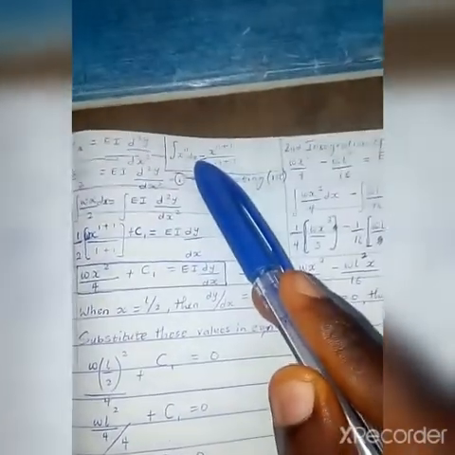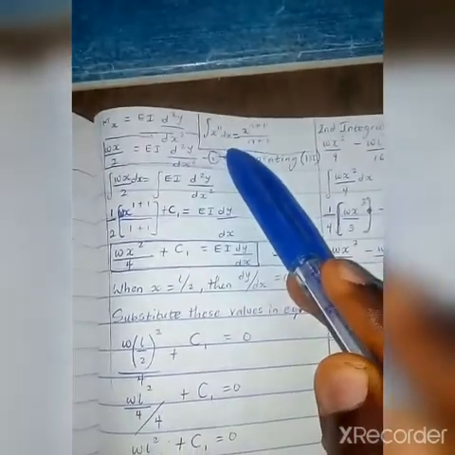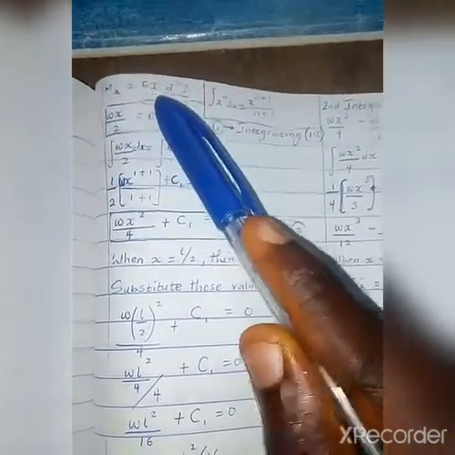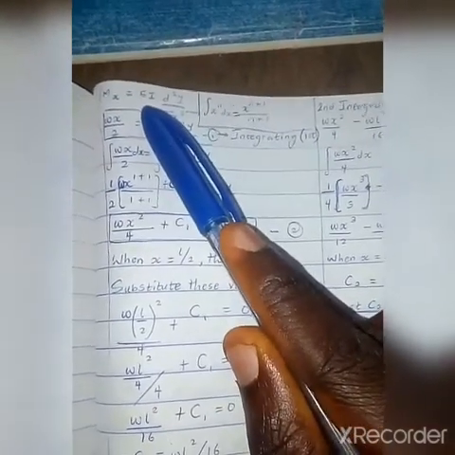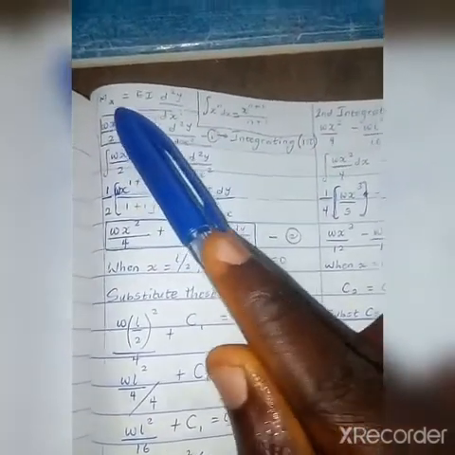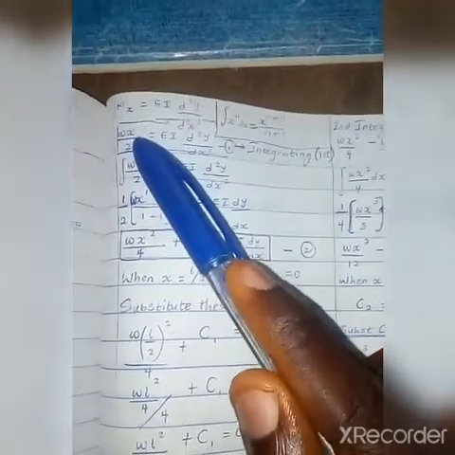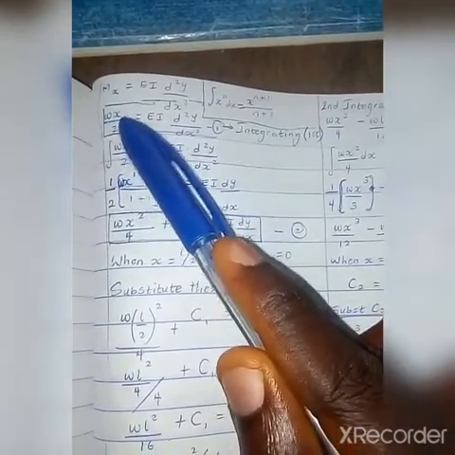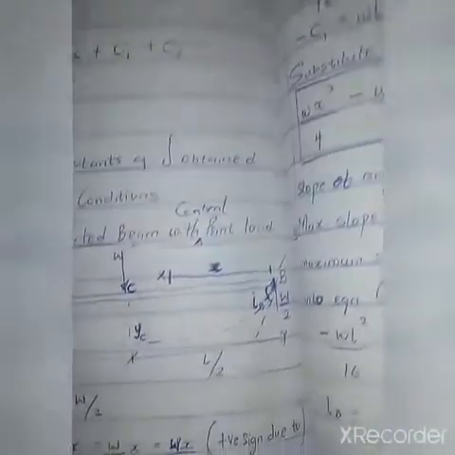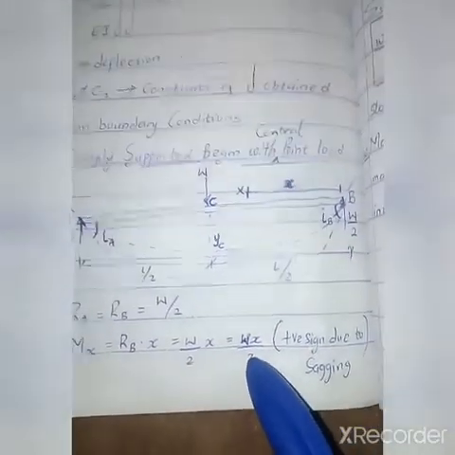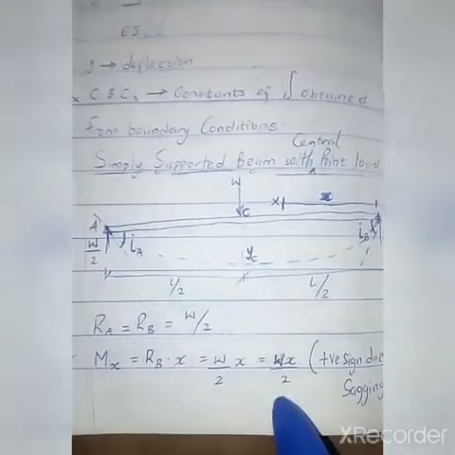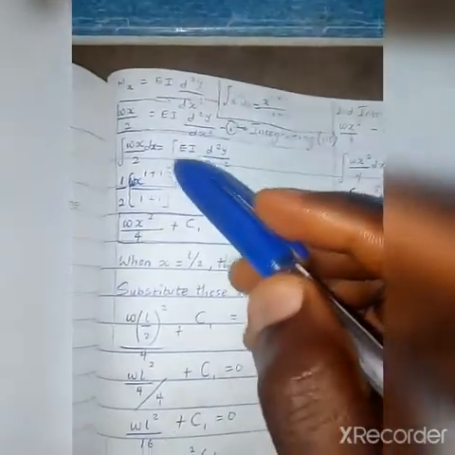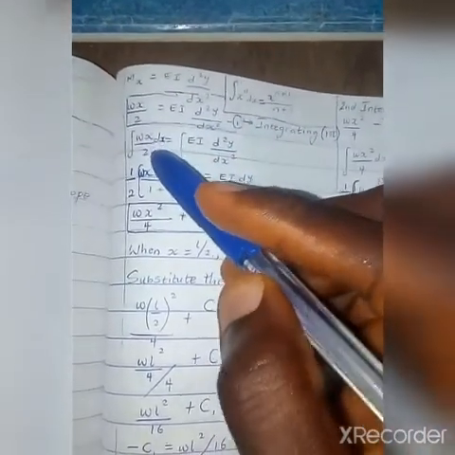We have this formula for integration, then we apply it. So we input Mx, which is Wx over 2, that's the weight times the distance over 2. We derive it from here.